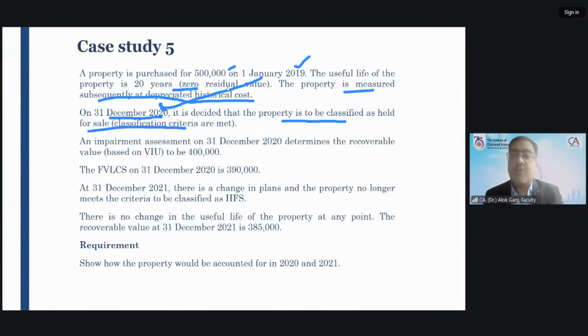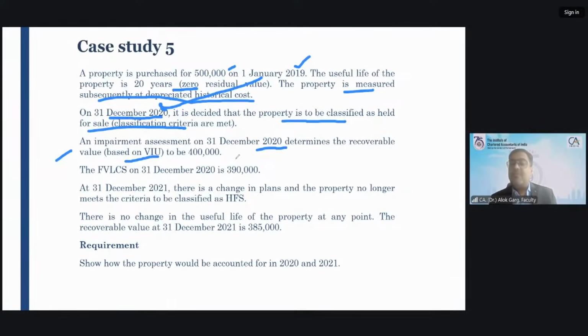This property was on a cost model, right? And residual value is zero. So what is the per annum depreciation if the life is 20 years? It's 25,000. In 2 years, what is the accumulated depreciation? 50,000, which is 25,000 multiplied by 2. Then an impairment assessment on 31st December 2020 determined the recoverable value based on value in use to be 4 lakh rupees.